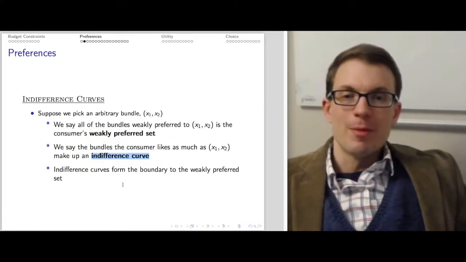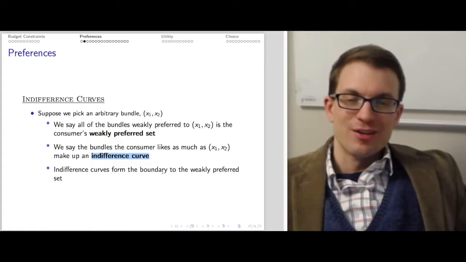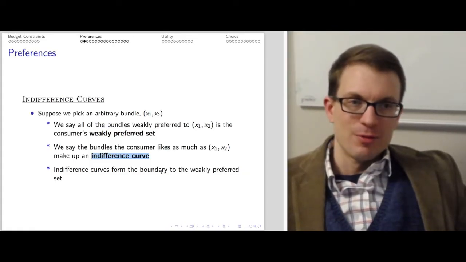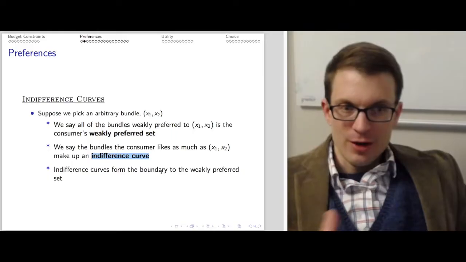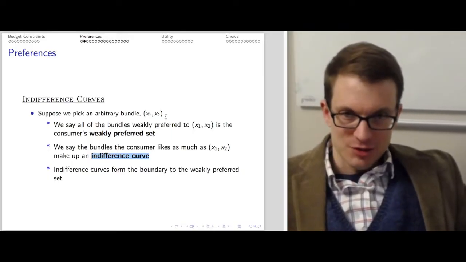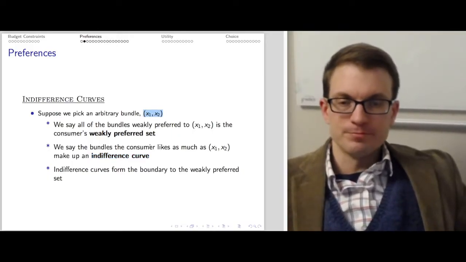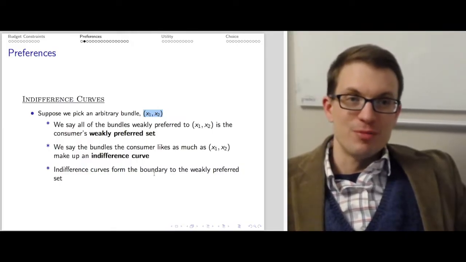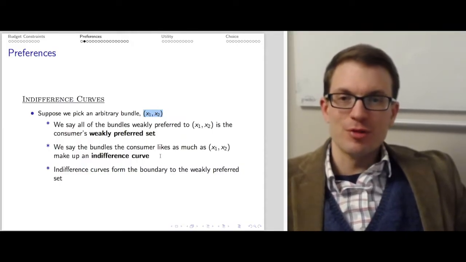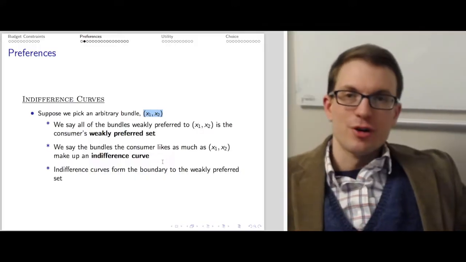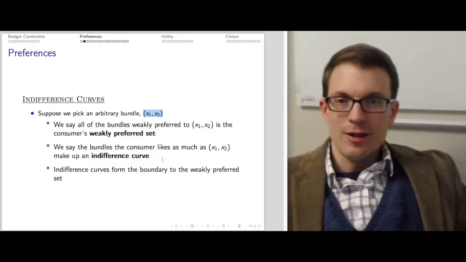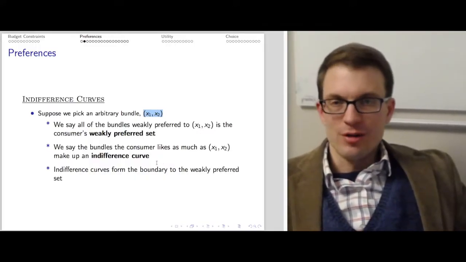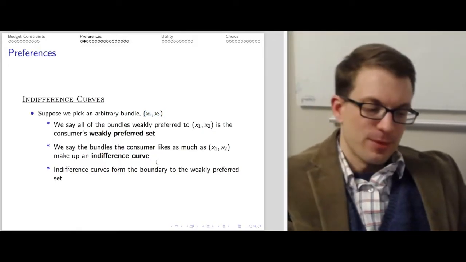Indifference curves form the boundary to the weakly preferred set, right? So the weakly preferred set is going to be all those I like better and all those I like the same as the one I'm talking about here. And the boundary is all the ones I'm exactly indifferent between. Those beyond the boundary are those that I like strictly better, and those on the other side of the boundary are those that I like less.